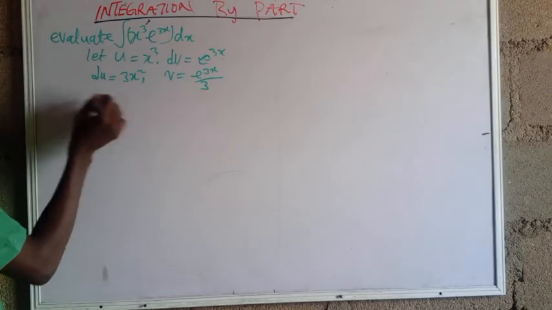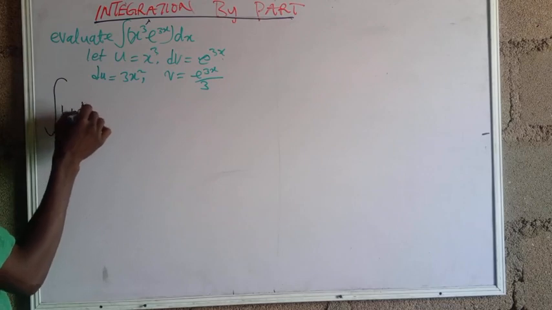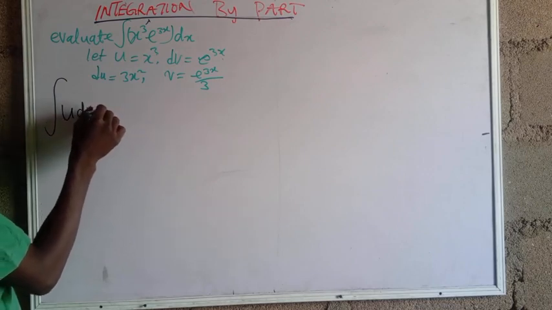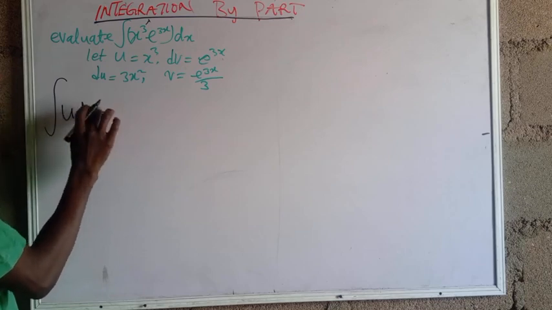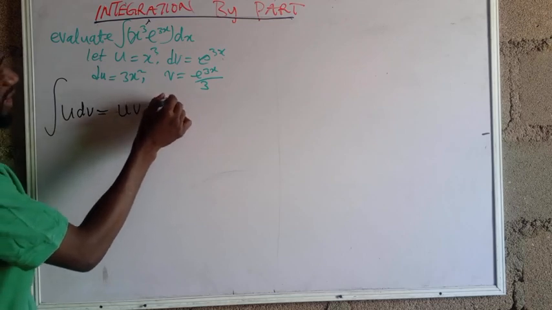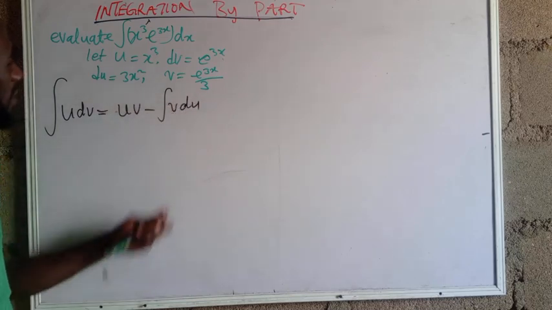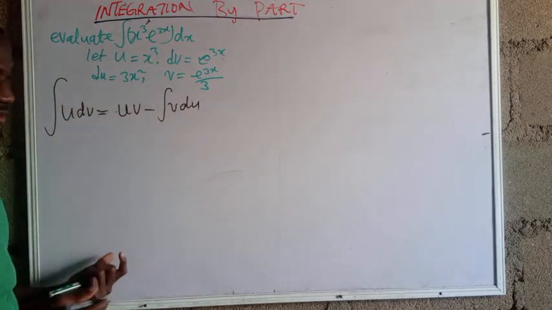Okay, then you are going to plug into the formula of integration. We have the integral of u dv is equal to uv minus the integral of v du. Then we are going to substitute into the formula.